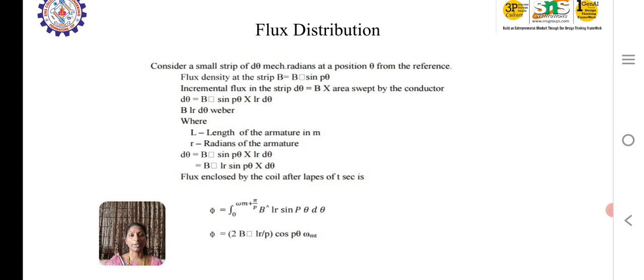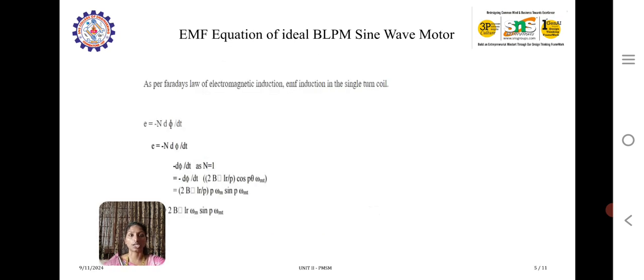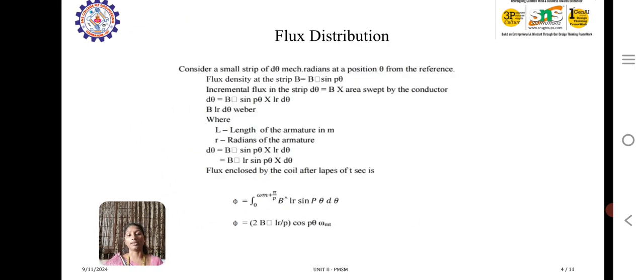Then the flux will become the integral of B max LR sin P theta d theta. When we integrate, we will get 2 B LR by P into cos P theta. So this is by integrating the flux equation, and this is about the flux distribution in the permanent magnet synchronous motor.